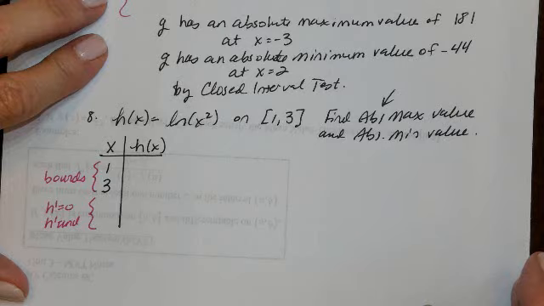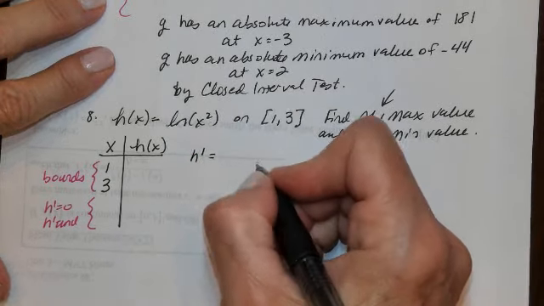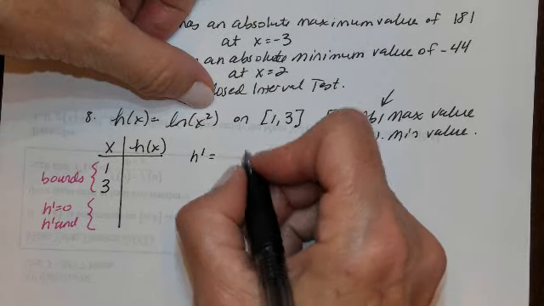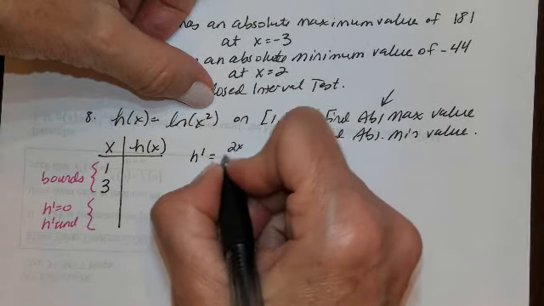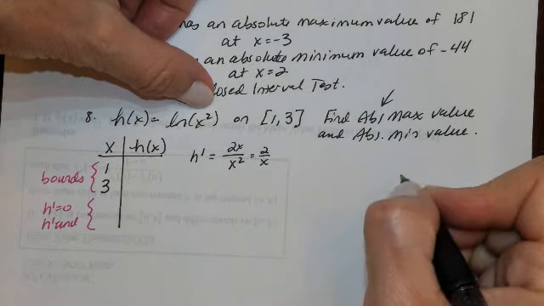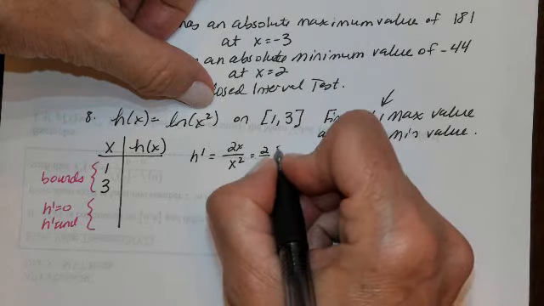Okay? So let's go find that. H prime here is going to equal, okay, what's the derivative of natural log of x squared? Well, that's u prime over u. Okay? We set that equal to 0.